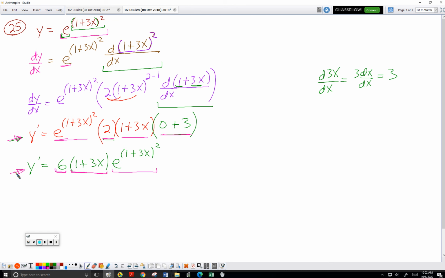Anybody else? Please, tell me. Does it matter when you do dy over dx equals and y prime equals? Like, where you switch from dy over dx to y prime? 5 points for Talmadge. These symbols here, and another one I'll write on the board, y prime of x, those are all exactly the same thing.